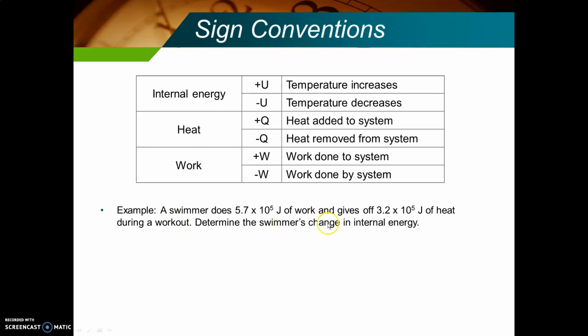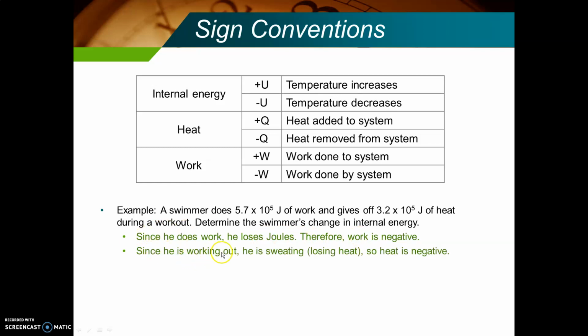Determine the swimmer's change in internal energy. So I have to think through. Since he does work, he's losing joules. Therefore, his work number is going to be negative. Since he's working out, he's sweating, he's losing heat. So his heat number is going to be negative. When I put them all back into the equation, I have negative heat joules, negative work joules.